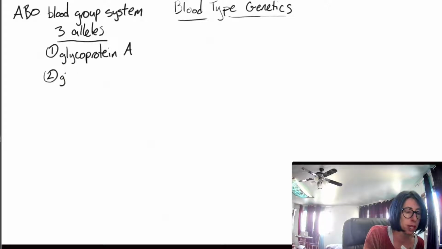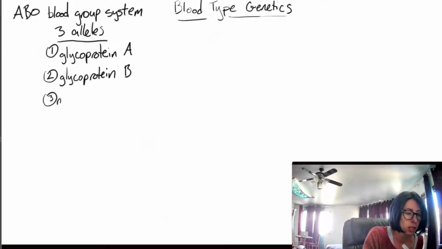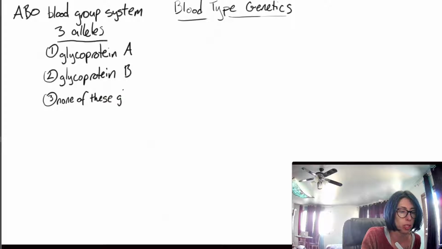People who are blood type B, their red blood cells display a glycoprotein called glycoprotein B. And then a 3rd allele is for production of none of these. No production of A and no production of B. None of these glycoproteins.